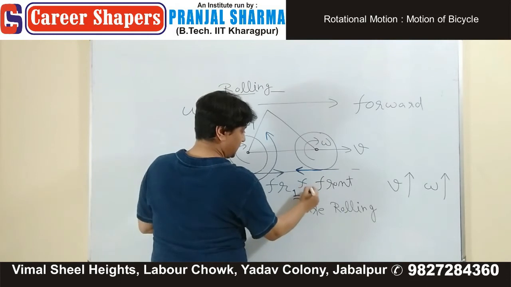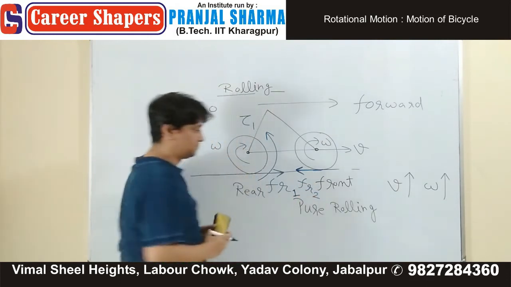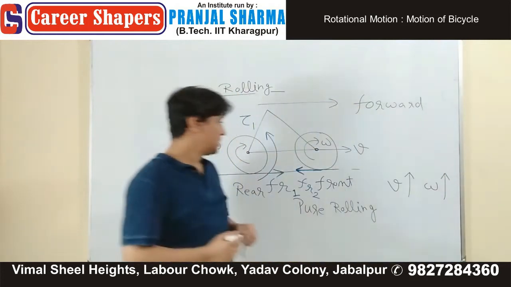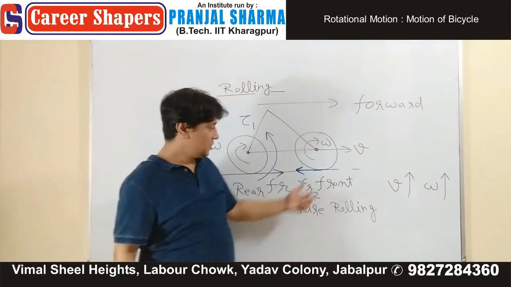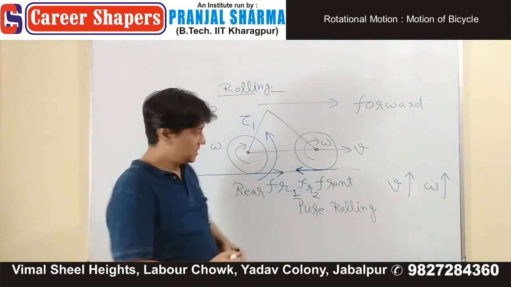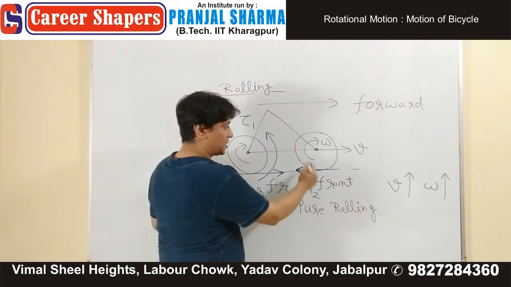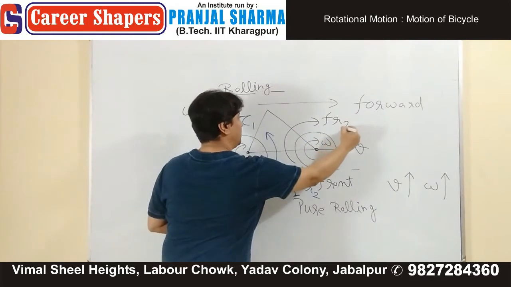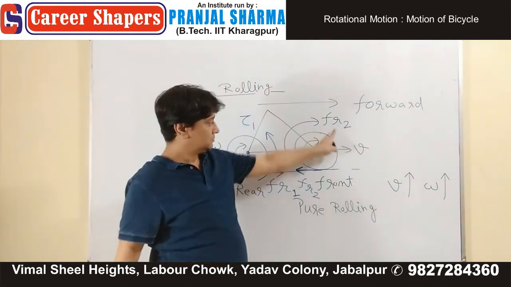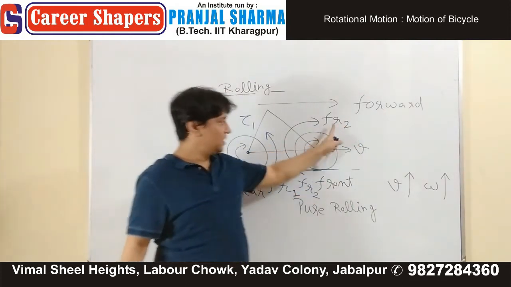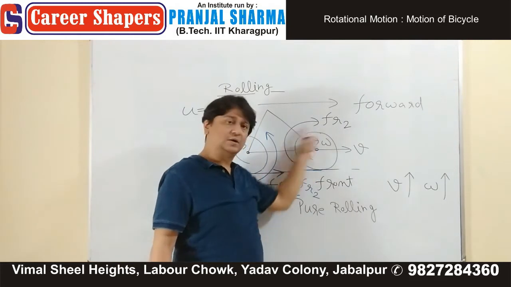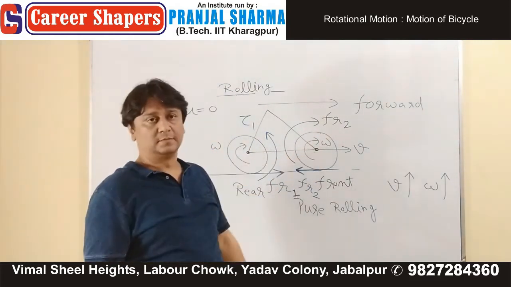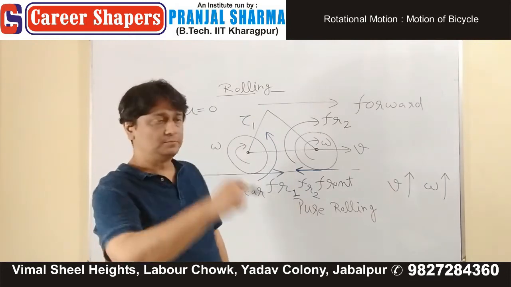Let's call it Fr2. So on this front wheel, friction acts like this, and this produces a torque. Because of this Fr2, the wheel starts rotating clockwise.